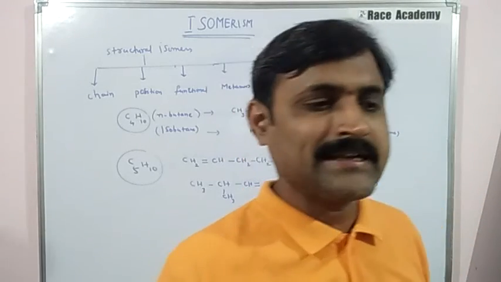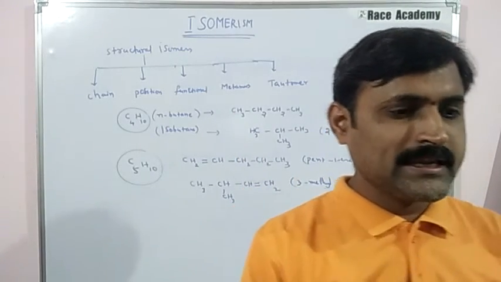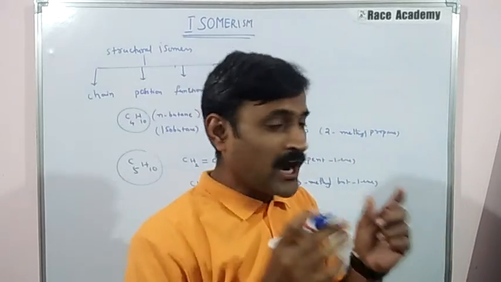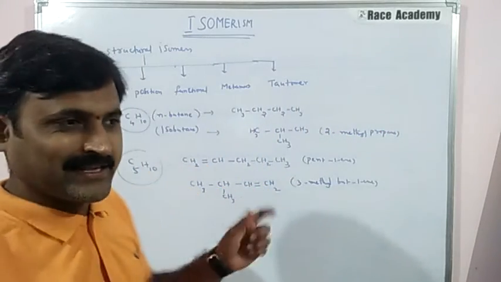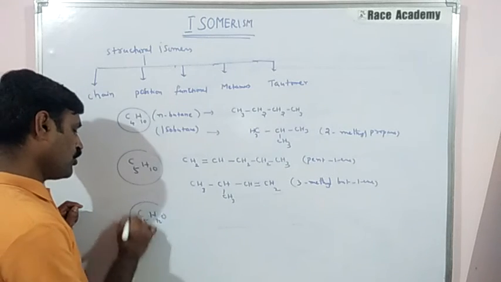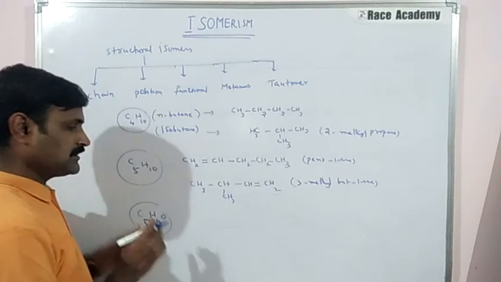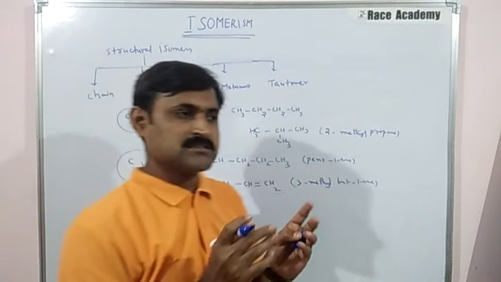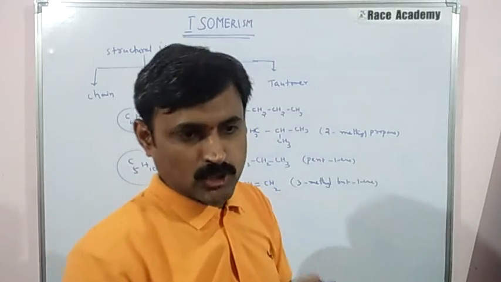Likewise, you can take a triple bond, or any kind of functional group. Suppose C5H12O, I am going to take this formula to conclude chain isomerism. I will continue in the next session also.